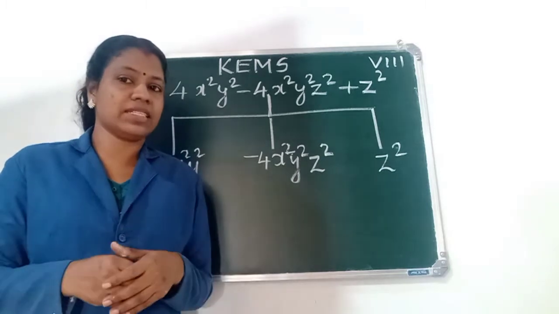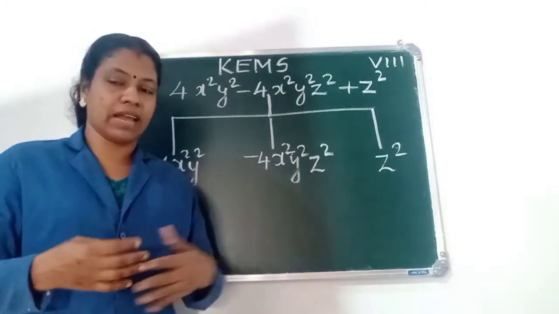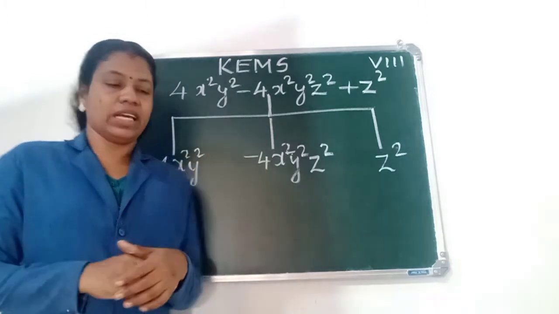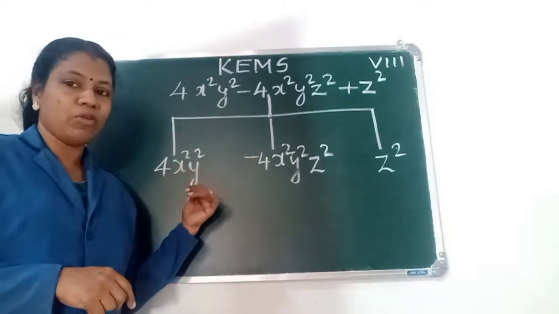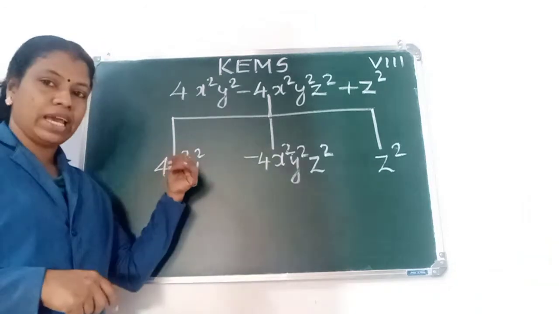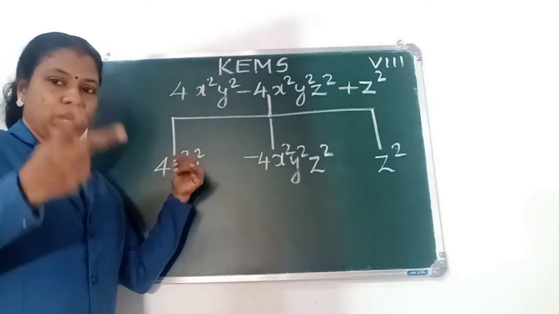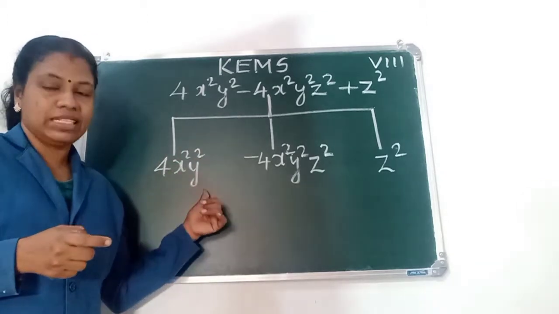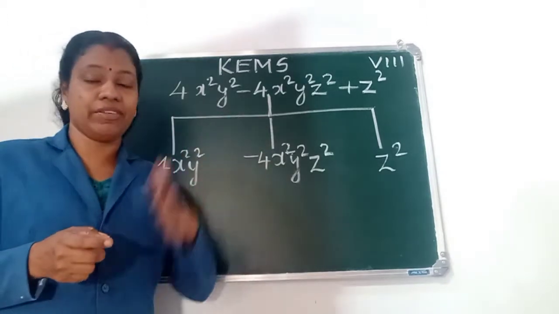Factors means the product of the constants and variables of a term is called its factors. So first term has how many factors? x square means x into x. y square, y into y. So total first term has 5 factors.